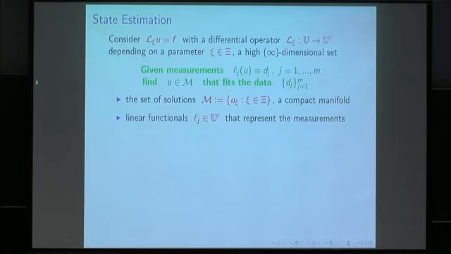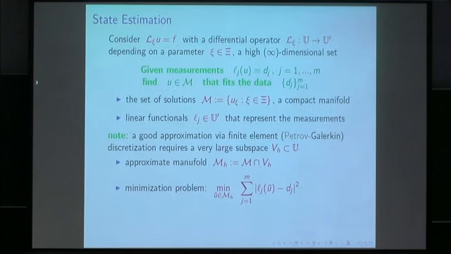And so the basic problem is, given some measurements which are a finite number and usually expensive to get, so that means m should be a relatively small number, we want to find a solution u in some manifold, which is the solution manifold, a set in U, such that u of xi is a solution for some acceptable parameter.